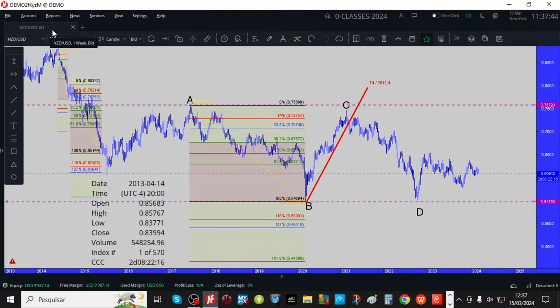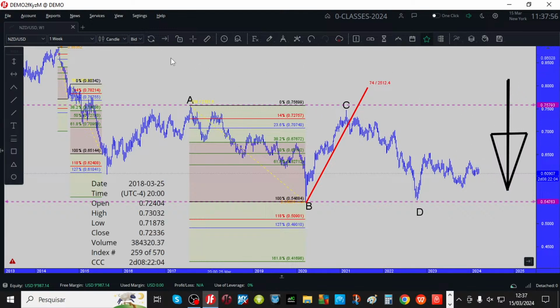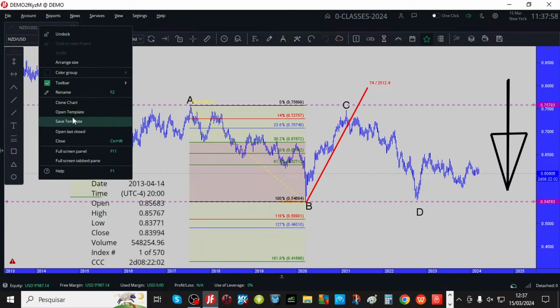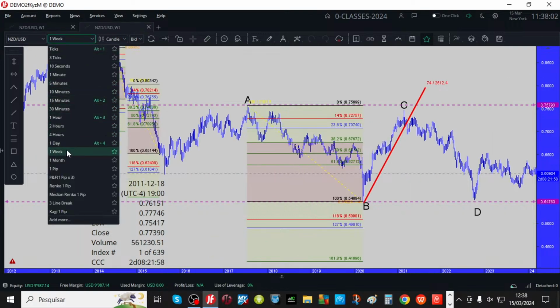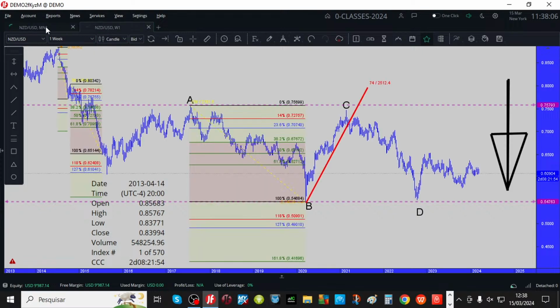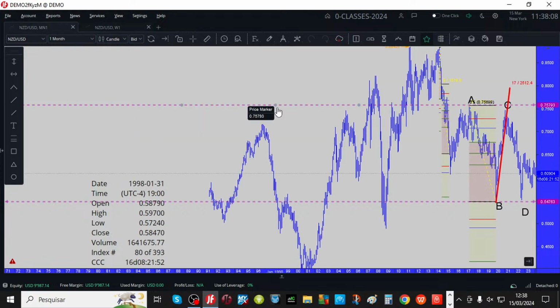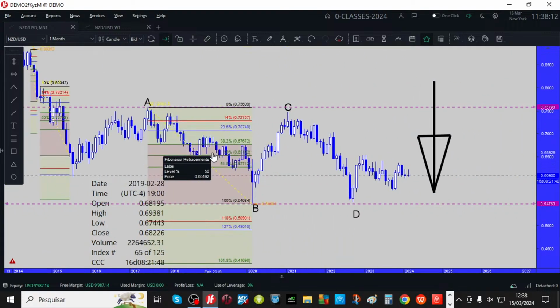All right? So you have the weekly Fibonacci pointing down as general direction. You have the monthly Fibonacci pointing down as general direction. Monthly. I'm going to move like this. That's the weekly. Monthly chart, give it a second.